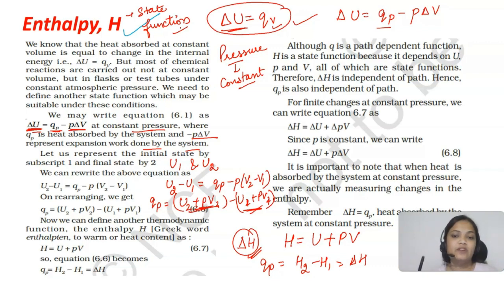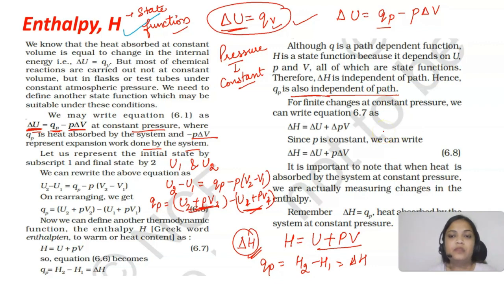So H is U plus PV, and it is also going to be a state function. Means the value of enthalpy or enthalpy change will be independent of the path followed. It will just depend on the initial and the final state of the system. So in this case you can say QP, heat at constant pressure, is independent of the path.